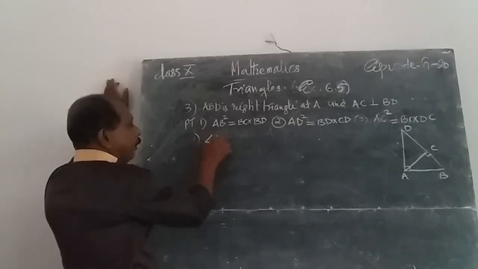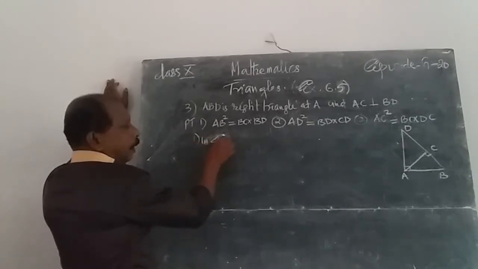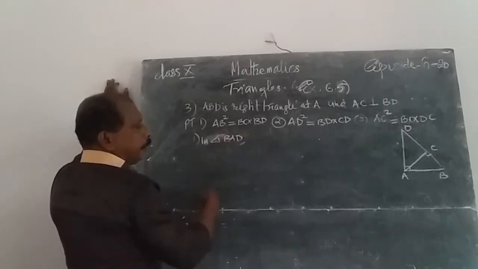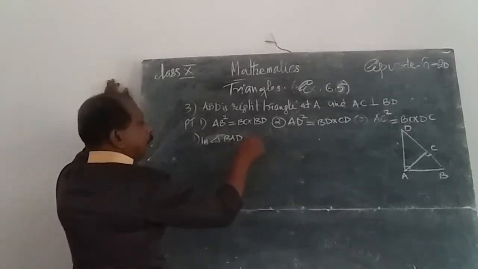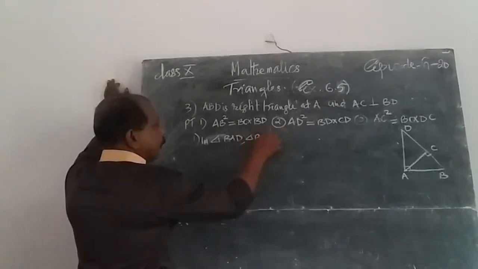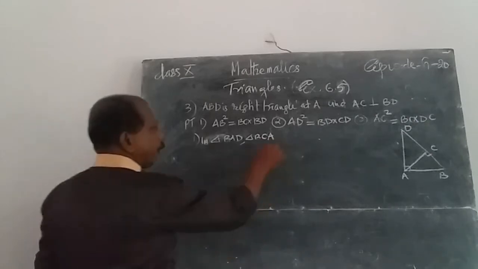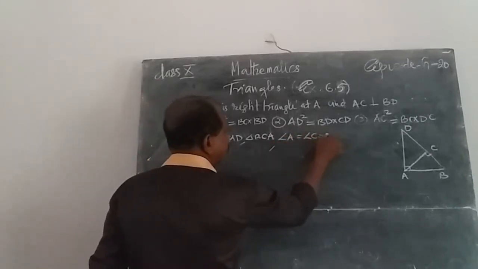In triangle BAD and triangle BCA, angle A is equal to angle C is equal to 90 degrees.